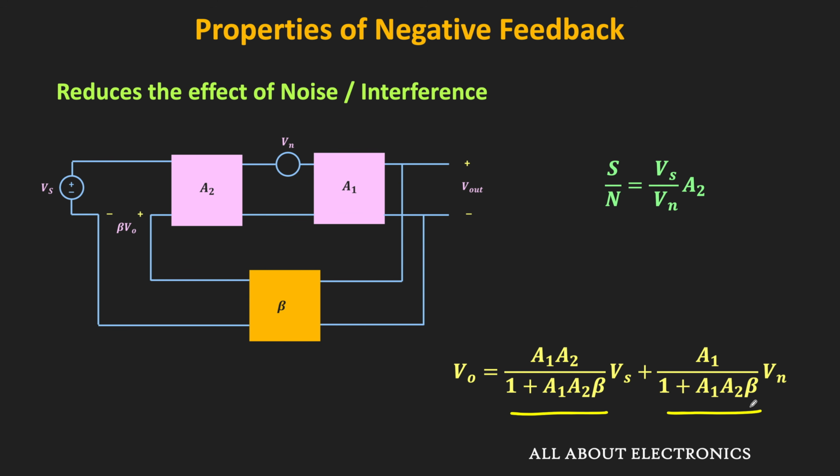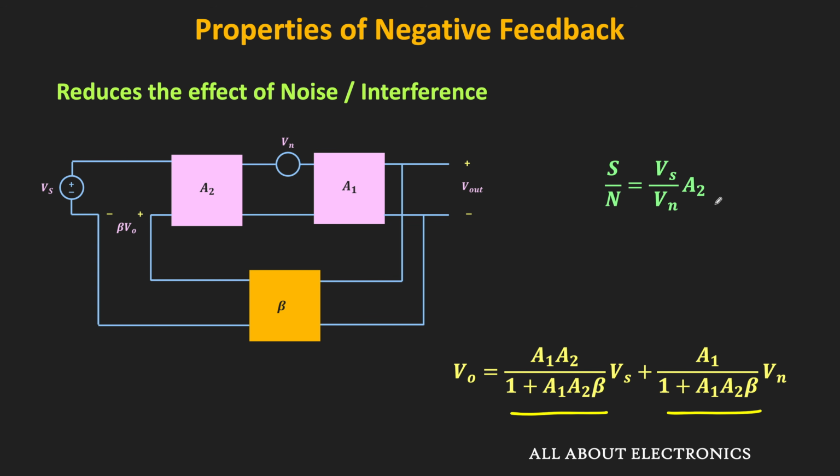And in this case, that is equal to Vs divided by Vn times A2. That means now the signal to noise ratio has been improved by the factor of A2. So in this way, using the negative feedback, it is possible to improve the signal to noise ratio and it is possible to reduce the effect of the noise or the interference on the amplifier circuit.